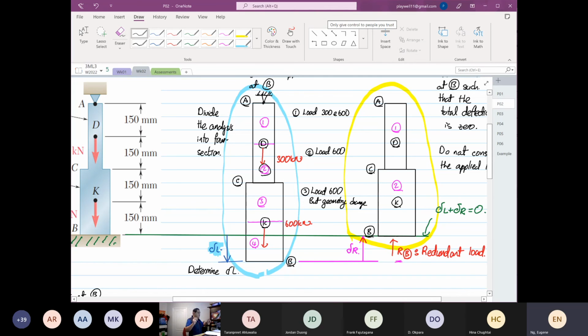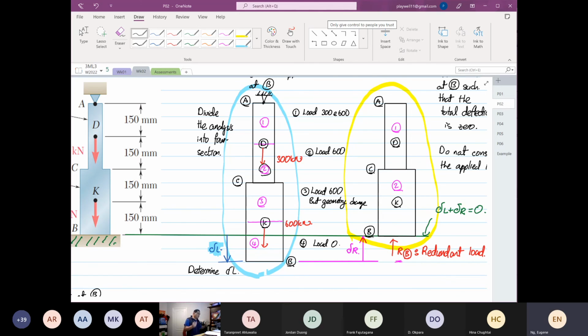Section 2 and 3 don't have the same geometry. Yes or no? So you have to divide it. Then at 4, the load is 0. That's why you have to divide it again. So altogether 1, 2, 3, 4. Okpara, is that okay for you? Yeah, that makes sense. Thanks. Okay, that is why we divide it.